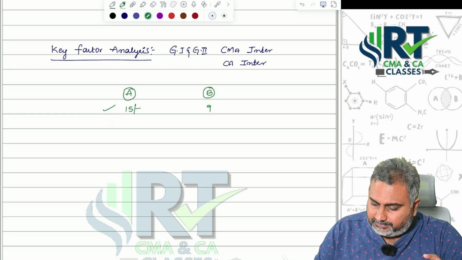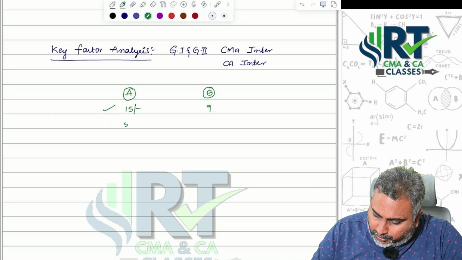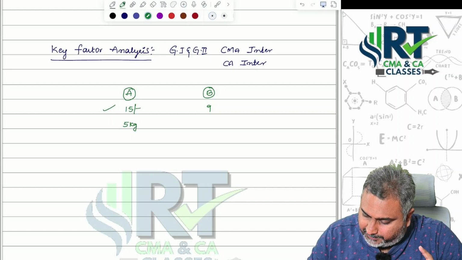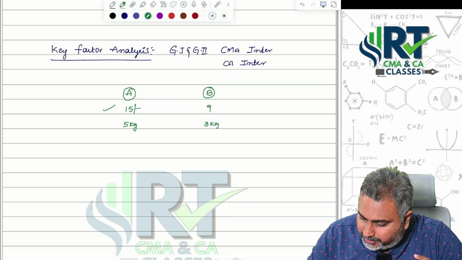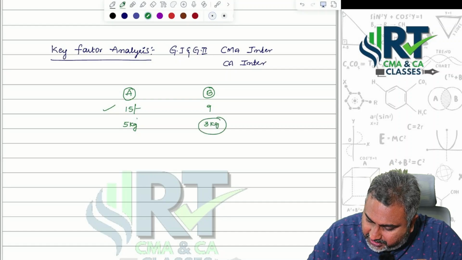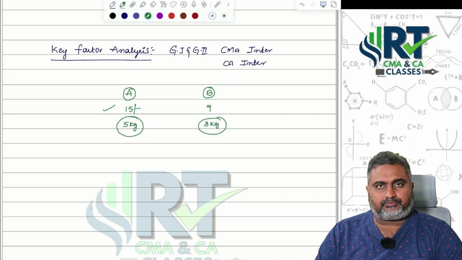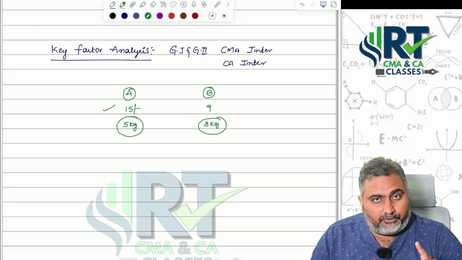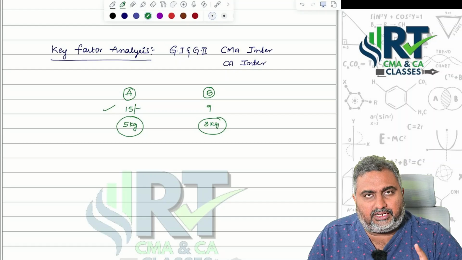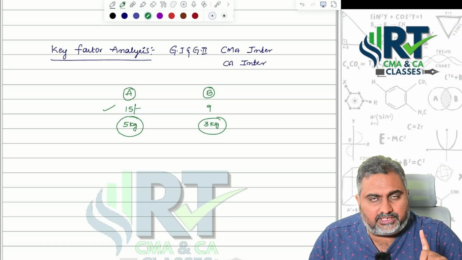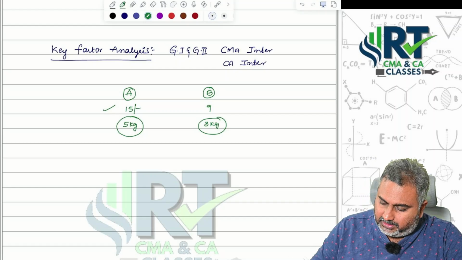But the issue is, for A you are giving 5 kgs of raw material, but for B you are giving only 3 kgs of raw material.